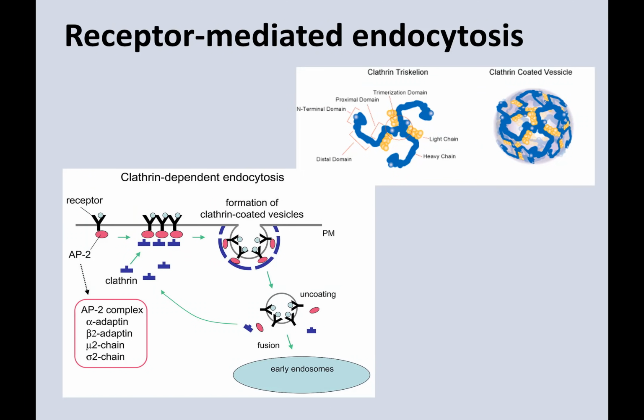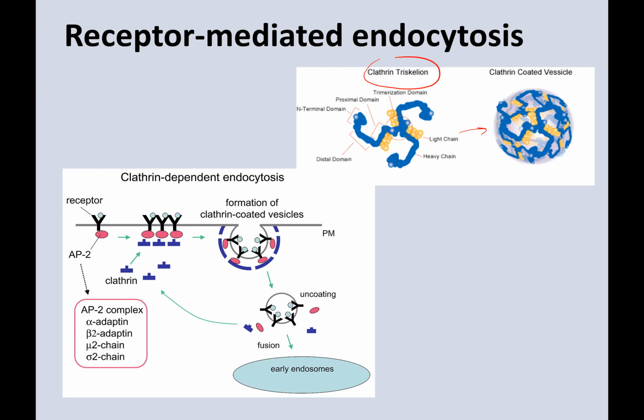All right, like I said, we're going to focus on receptor-mediated endocytosis. And receptor-mediated endocytosis involves a protein called clathrin. So clathrin is this triskelion that will aggregate into this 3D vesicle structure.